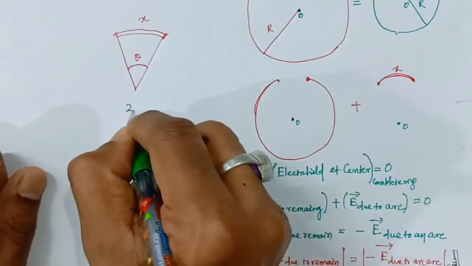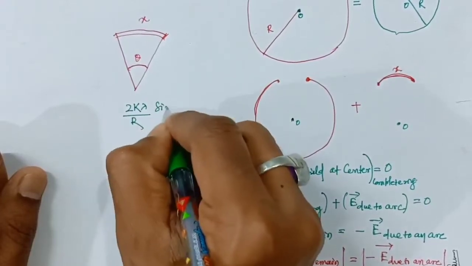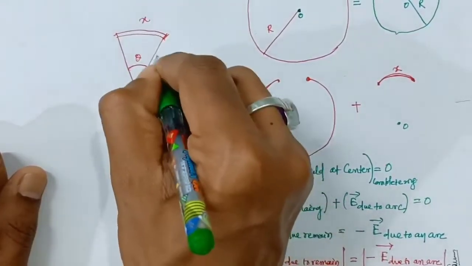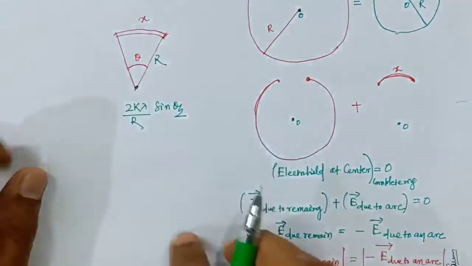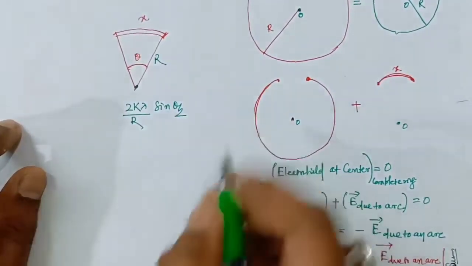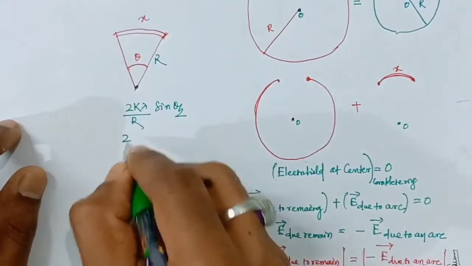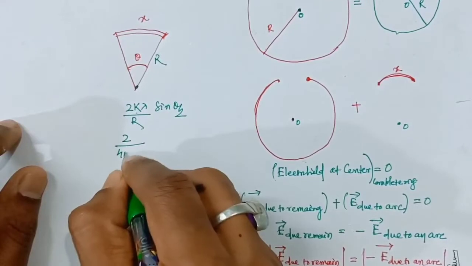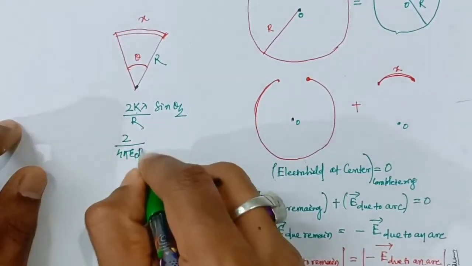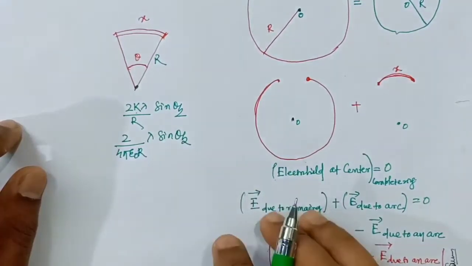The expression is 2kλ/r sin(θ/2), where r is my radius. If I substitute the value of k, which is 1/(4πε₀), it becomes 2 into 1/(4πε₀) λ/r sin(θ/2).